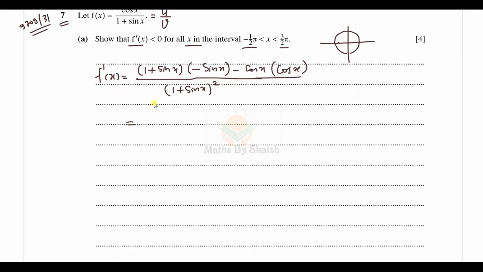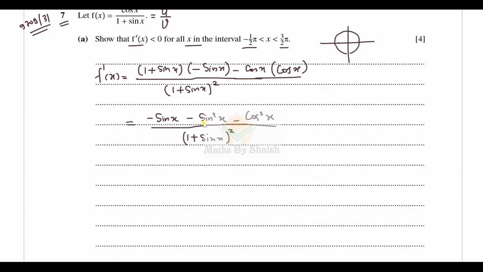We can simplify it more and write it as minus sin x minus sin square x minus cos square x, and whole upon 1 plus sin x whole square.